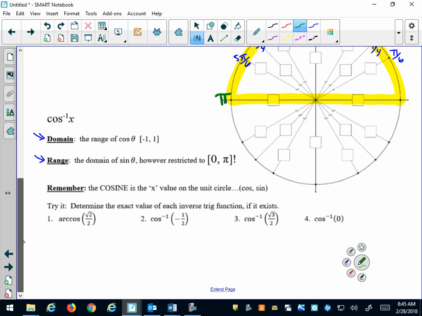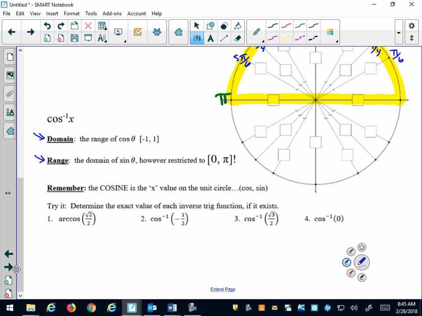Okay, so remember cosine is the x value on the unit circle. Cosine, comma, sine. What is the arc cosine? So that's the same thing as the inverse cosine. Arc cosine of the square root of 2 over 2.